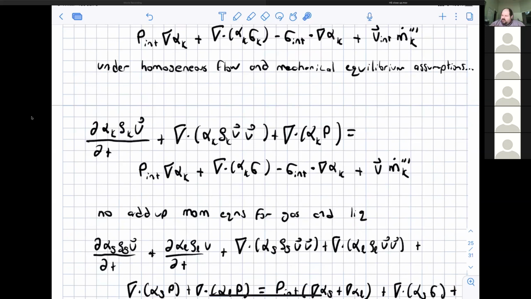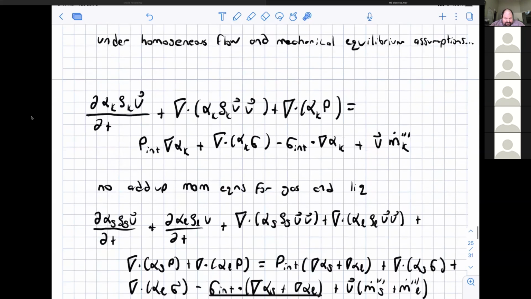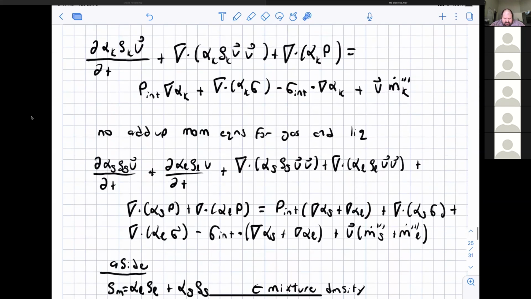You just need to be a bit more careful with your sums. So I'm going to take the conservation of momentum equation for the gas and the liquid and add them up. I have the gas phase time rate of change of momentum here, and the liquid time rate of change of momentum there. I've literally just taken this equation for gas and this equation for liquid and added them up.